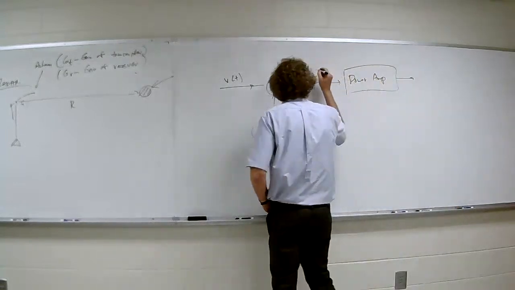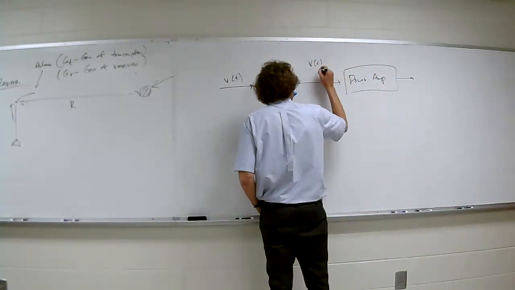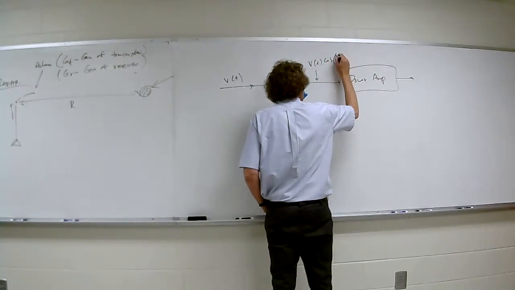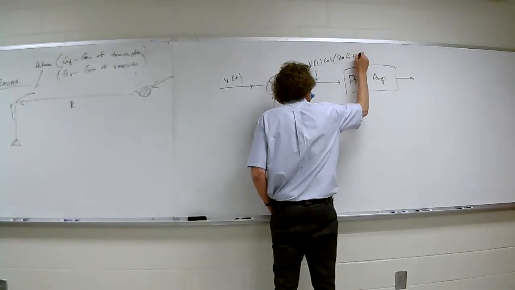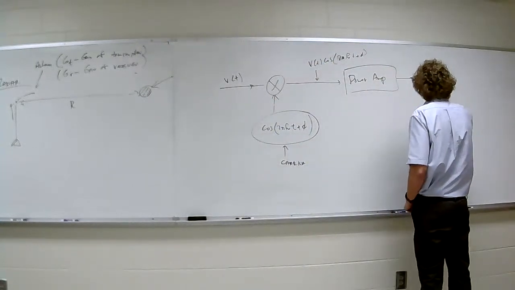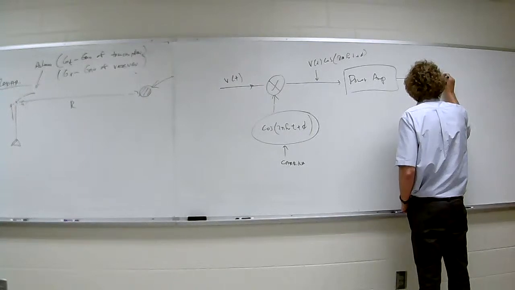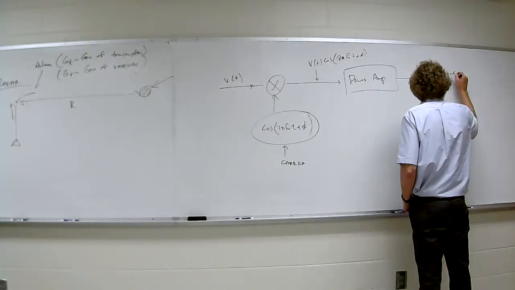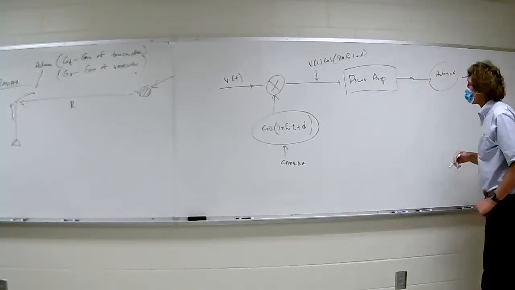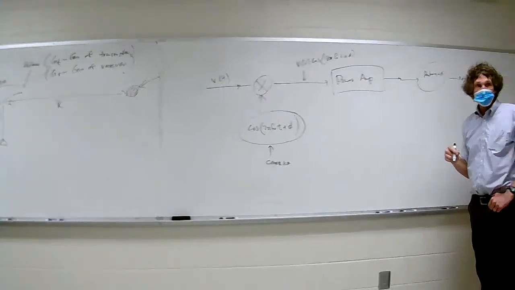What comes out is V of T times cosine of 2 pi f naught T plus the phase angle. Then you amplify, and this goes right to your antenna for transmission. Then it's launched. It comes back. Y'all with me? This is the transmitter portion.